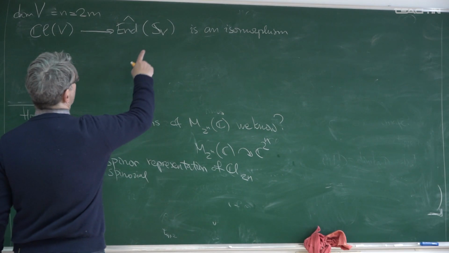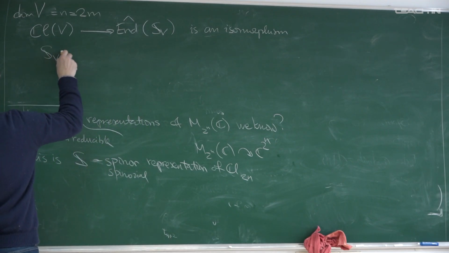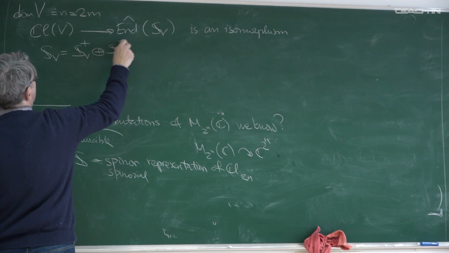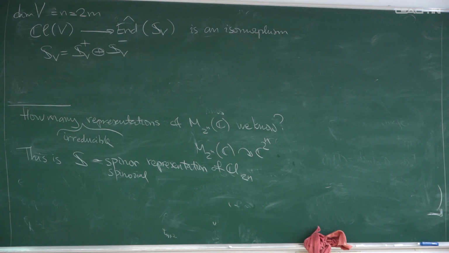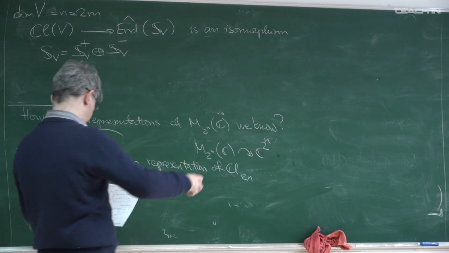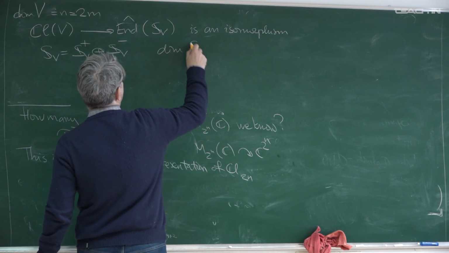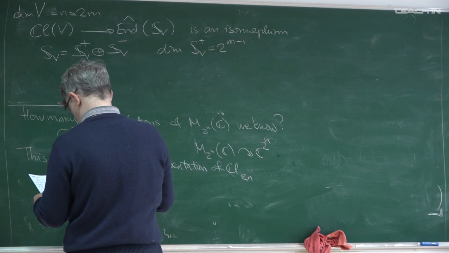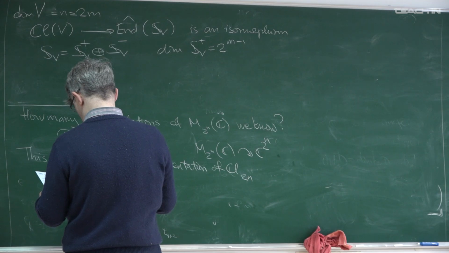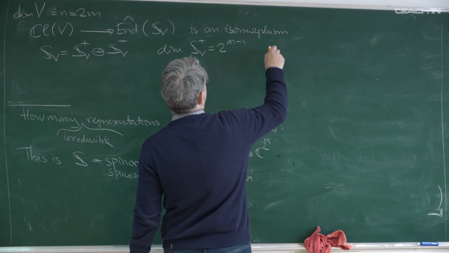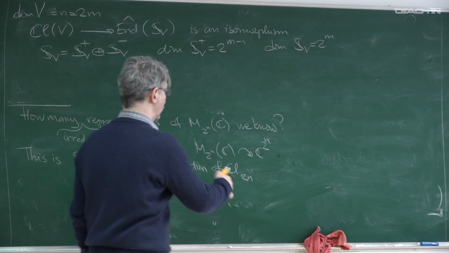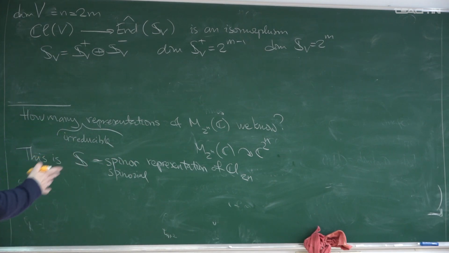So I need to explain how to split this thing into positive and negative parts. The dimension of this thing is 2n minus 1. Yes, very good. The dimension of S is 2 to the power of m. I wrote n earlier, now I write m.